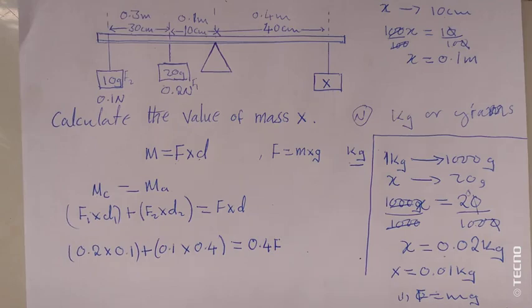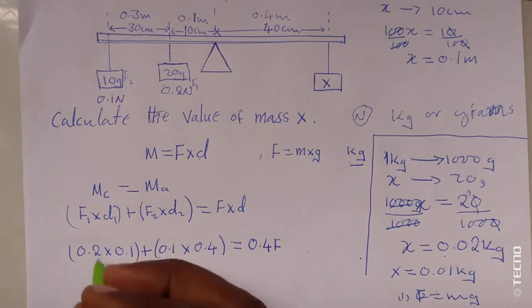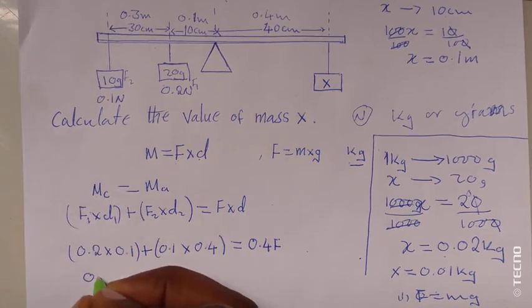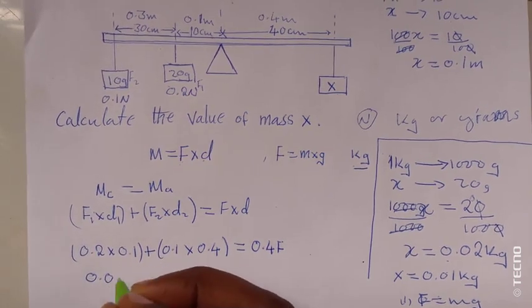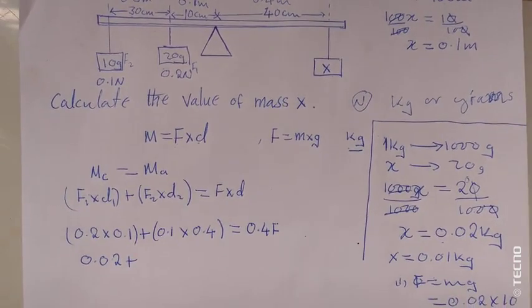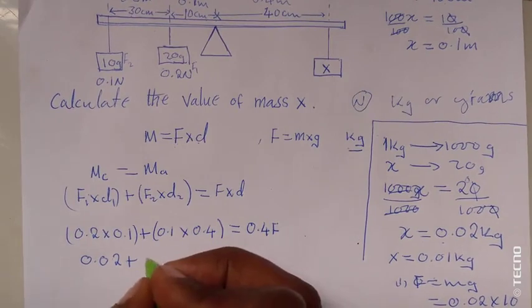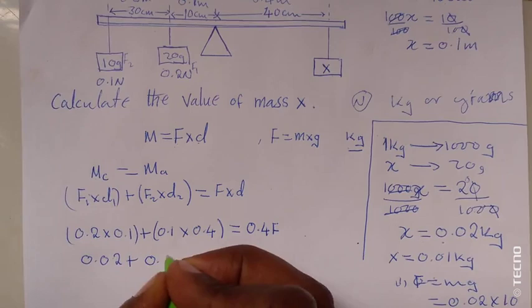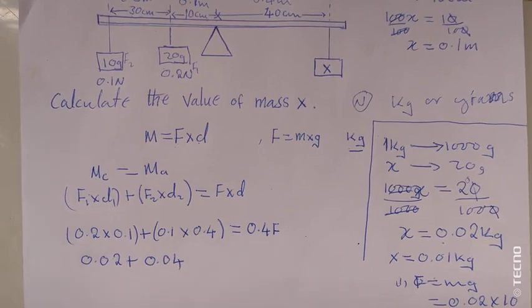Okay. So when you multiply this and this, what do you get? Get your calculator, you multiply 0.2 times 0.1. I get my answer here, it's 0.02 plus, so even this side, once you multiply 0.1 times 0.4, you get 0.04.